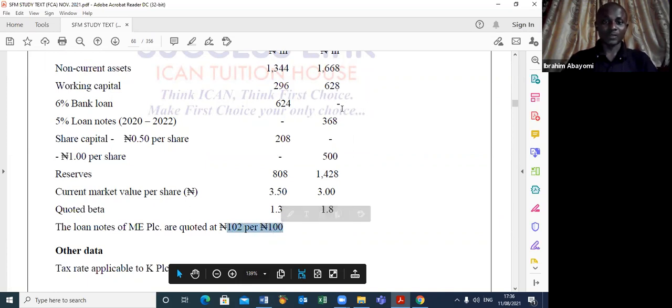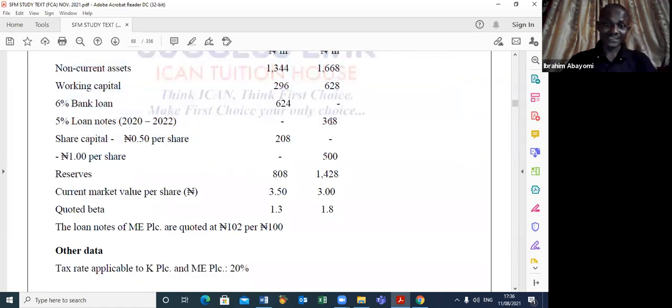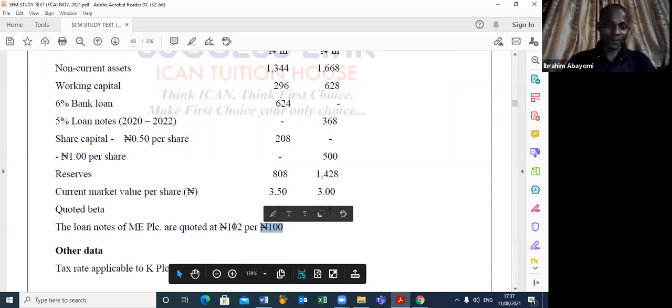What's the total nominal value of the debt? 368. To get the units, I will divide 368 by 100. Then I will multiply that number of units by the market value per unit, and I will get the total market value of the debt of MEPSC.